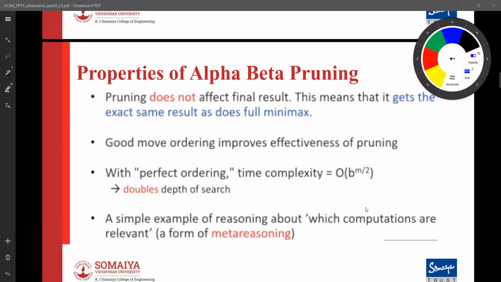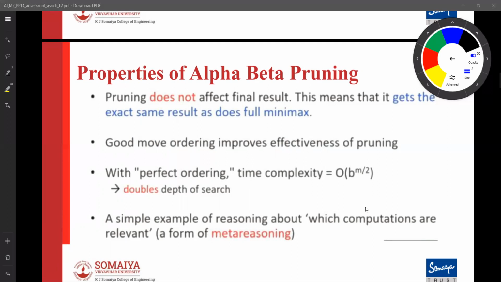In the best case, a lot of pruning can give me b to the power m by 2. So in a given minute, you are able to search till depth 4 because your complexity is b to the power m, but with good pruning, you can search to a depth of 8, which gives the maximum effectiveness in your time complexity.